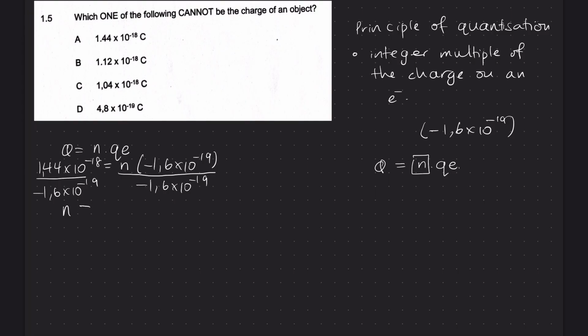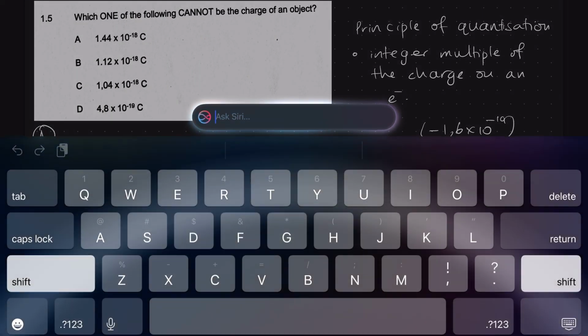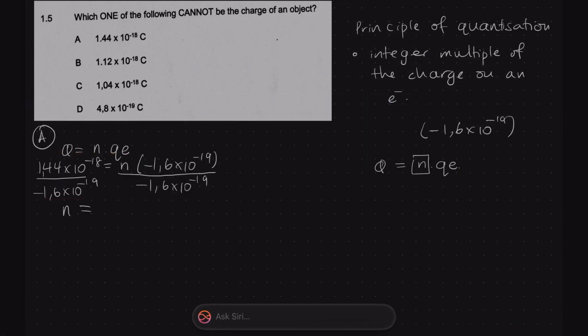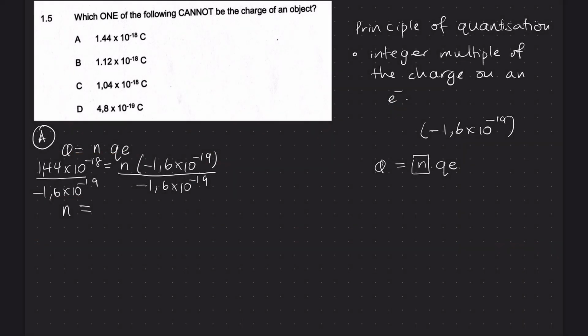In that case, you get N equals 1,44 times 10 to the negative 18 divided by minus 1.6 times 10 to the negative 19. This answer is negative 9. Negative 9 is an integer, so A is correct. We want to know which one is incorrect.